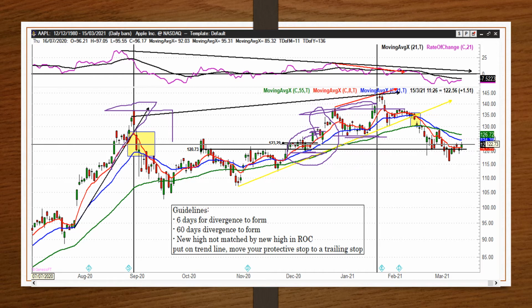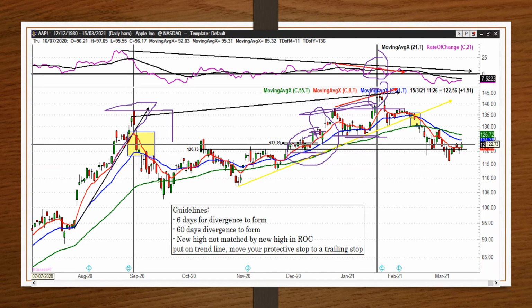But as we get to a new high right here, we don't have a new high in the rate of change. So again, we've got danger, Will Robinson. So we put a trend line on, and in this case it's a yellow line, as I show my versatility with the colors.